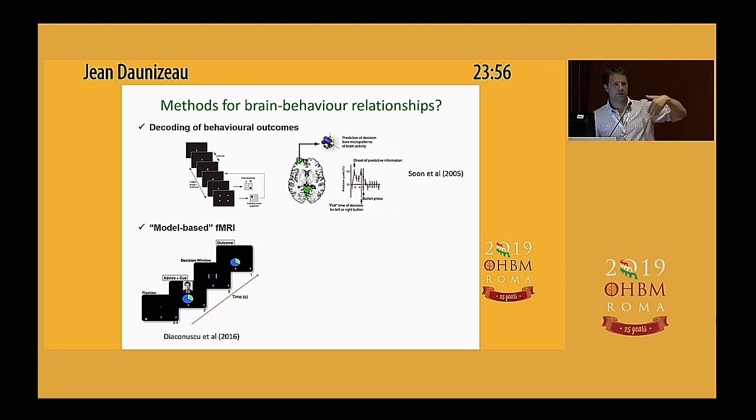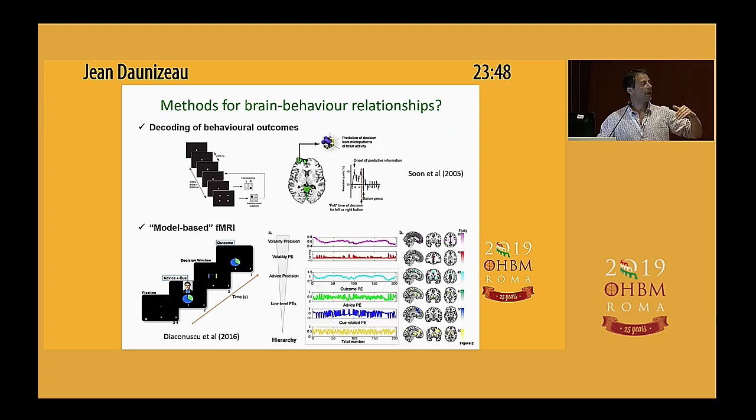It was framed as a social task, but it's essentially a reinforcement learning task. And then they had this hierarchical reinforcement learning model, and they could extract from that different regressors that would vary across trials: volatility precision, volatility prediction error, advice precision, low-level prediction errors, etc. And each one of these regressors correlates with a different brain system. So that's interesting again.